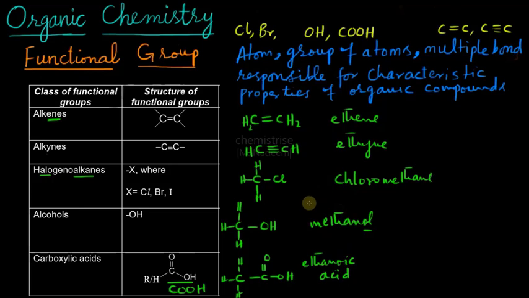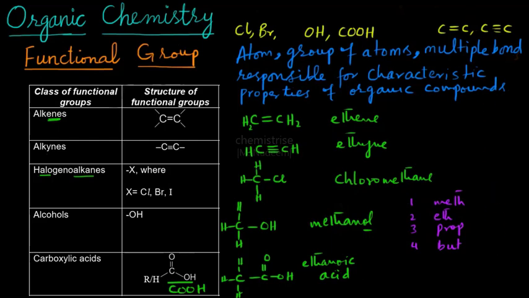So till now, we have seen that we can have some prefixes and some suffixes to name the organic compounds. Let's see those prefixes. The four prefixes are: whenever we have one carbon, the name starts with meth, two carbons eth, three prop, four but. Then we have some suffixes.